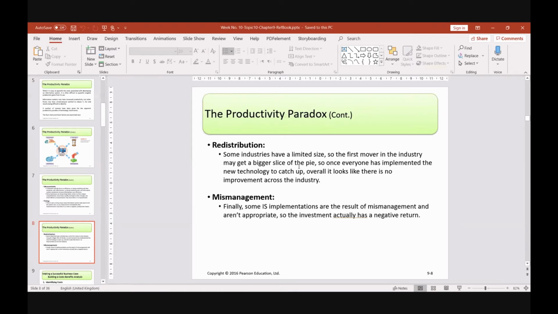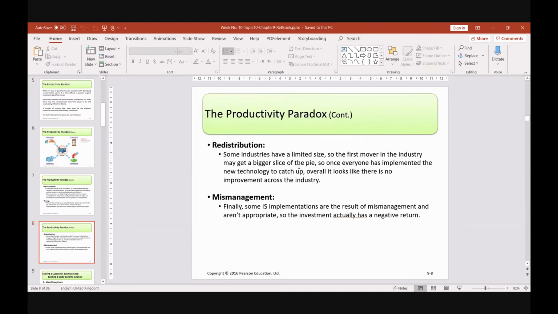STC. And after that, new companies came here, like Zain and Mobily. So STC got more profit at that time because there was no competitor and no technology there at all. So they launched a technology and got a bigger slice of the pie, meaning they got more profit.